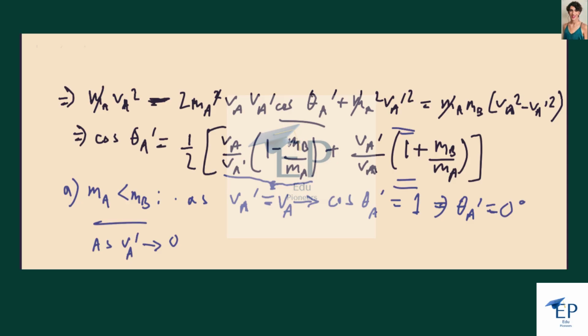So this is a negative number. And so the smallest value cosine can take is -1, right? It will eventually get to -1 at that point. So at that point, theta A prime will be 180 degrees. And so that is how the scattering angle can vary between 0 and 180 degrees.